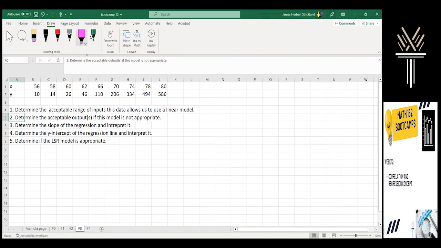All right. Now the same kind of question. Determine the acceptable range of inputs. So what is the minimum acceptable value and the maximum acceptable value? Well, looking at our data, we want to find the smallest x value. I hope we agree the smallest x value is 56.